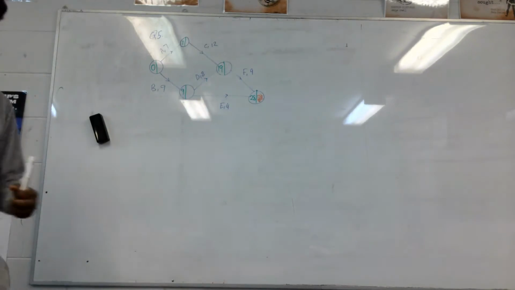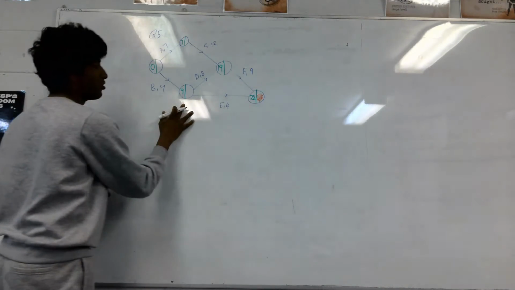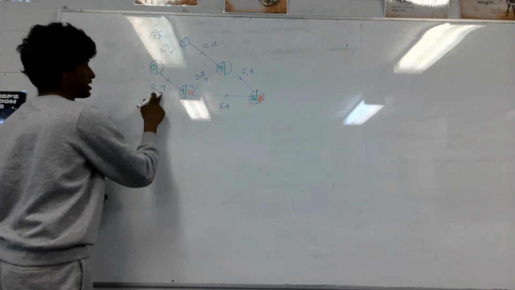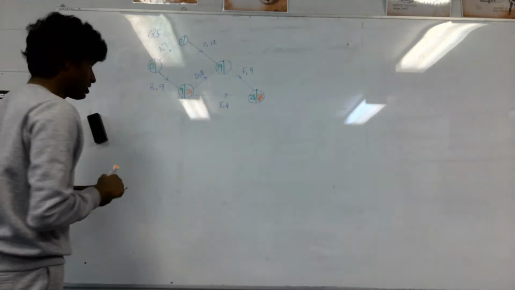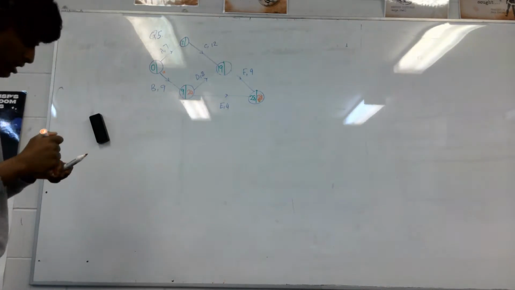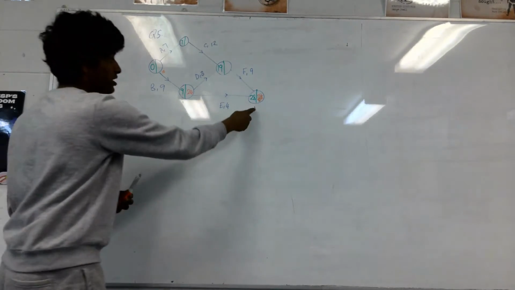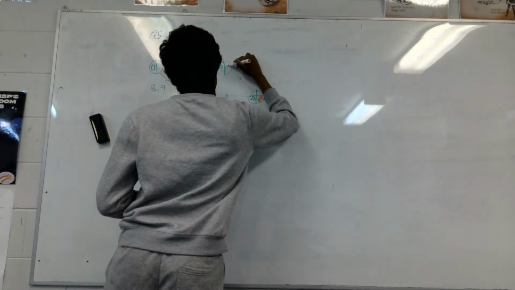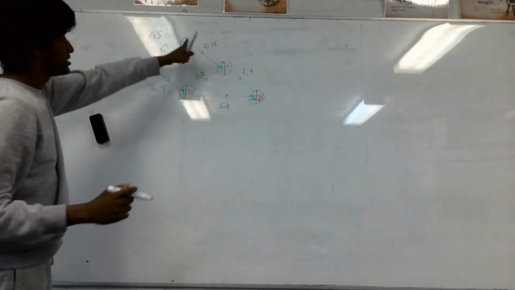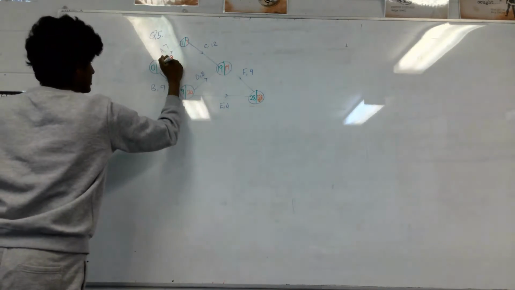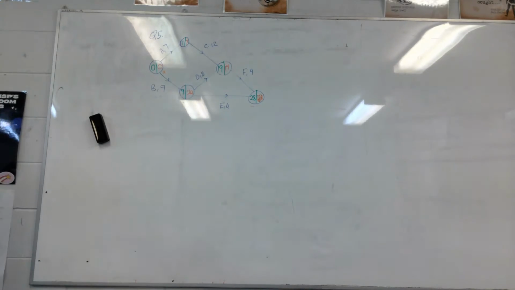Alright, then we go back. 28 take 4 is 24. 24 take 9 is 13. 28 take away 9 is 19. 19 take 12 is 7. 7 take 7 is 0.